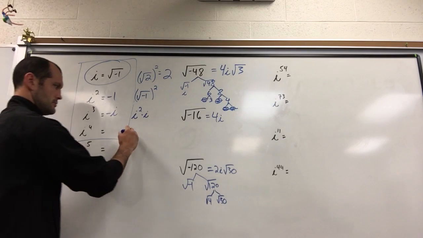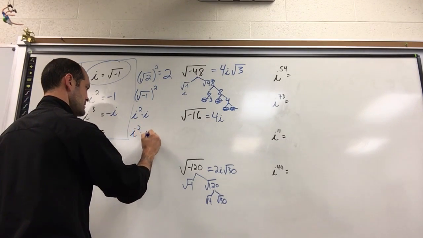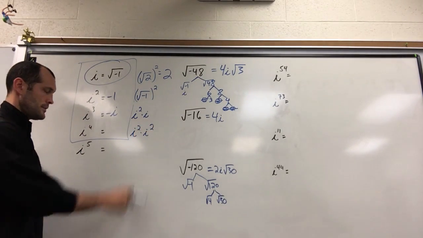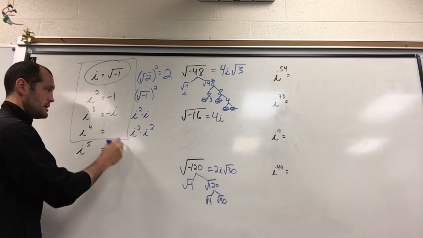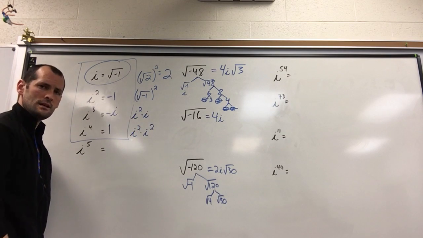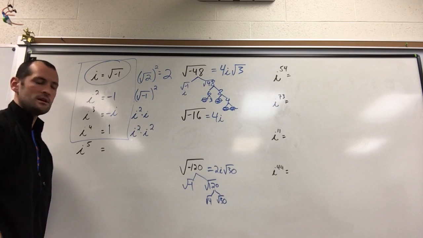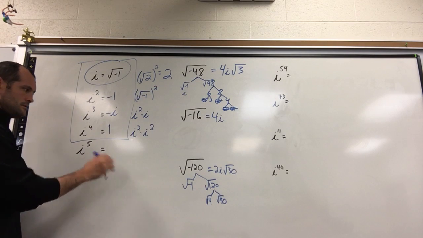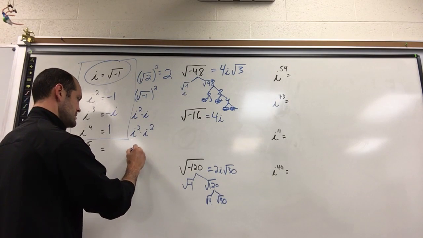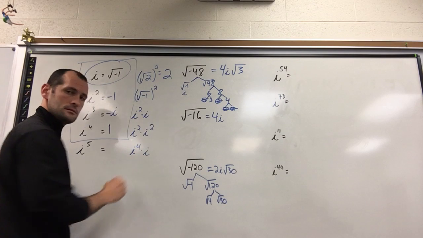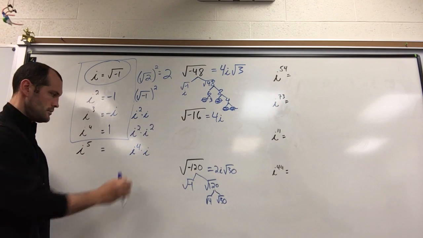Lastly, I to the 4th. Well, that's just I squared times I squared. So what's -1 times -1? 1. Now I stop after 4 because if I went to 5, well, look what this is. It's just I to the 4th times I, right? What's 1 times I?